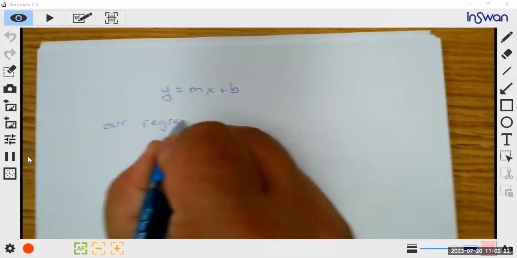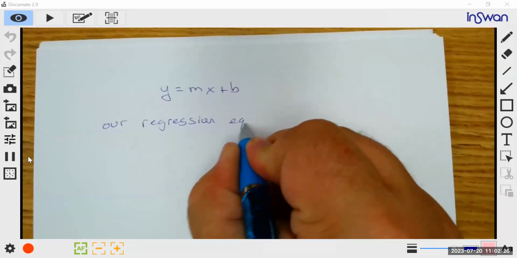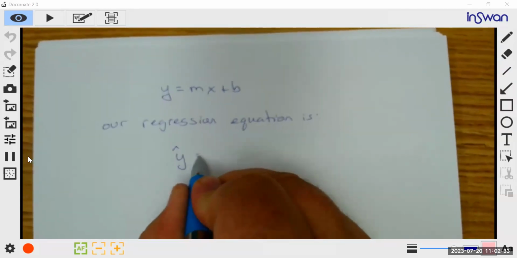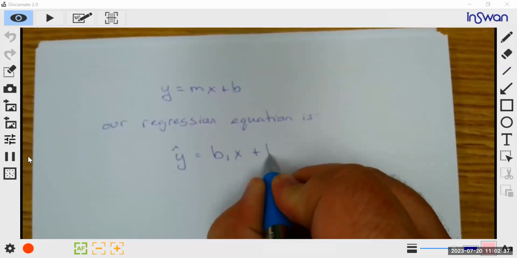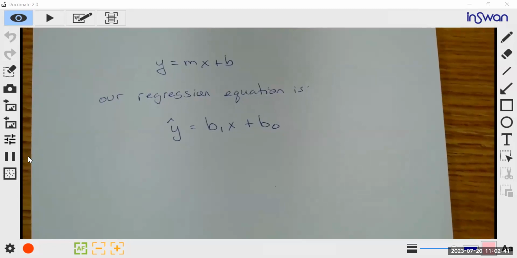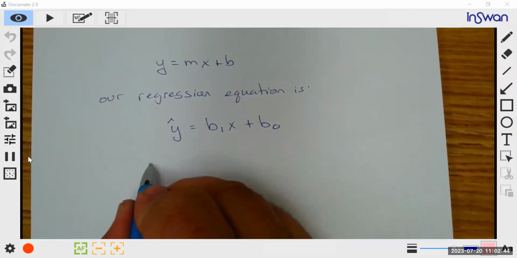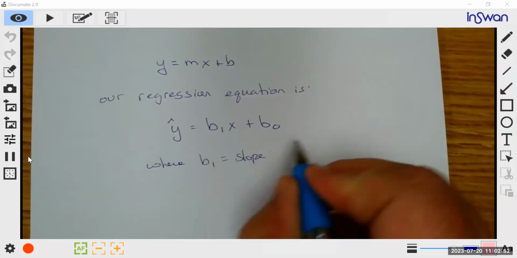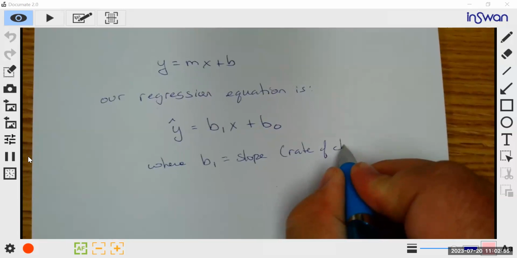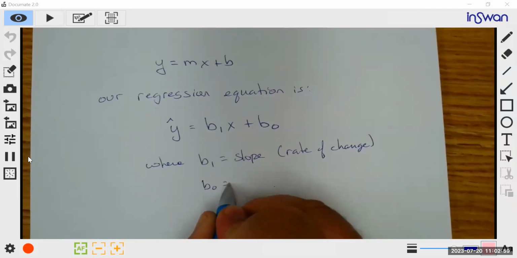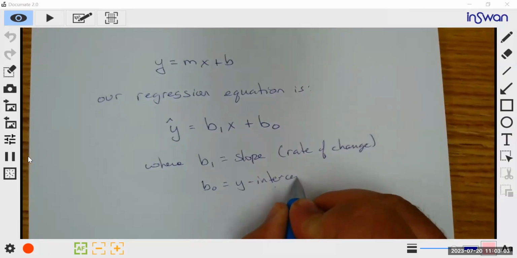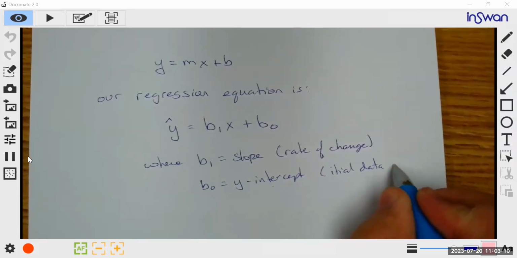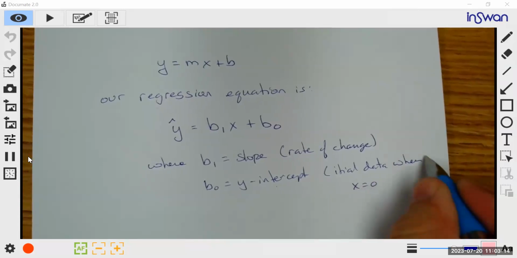Our regression equation is y-hat equals b sub 1 x plus b sub 0, where b sub 1 equals your slope, the rate of change, and b sub 0 is your y-intercept, or your initial data when x equals 0.